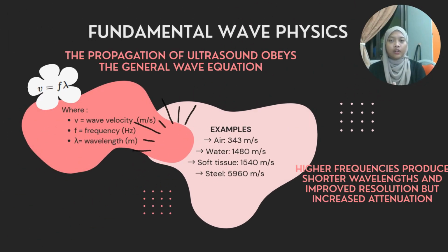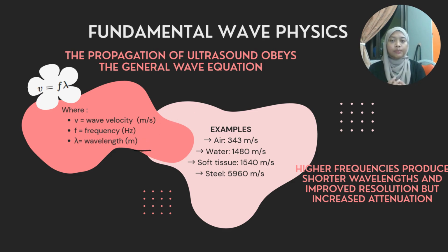The behavior of ultrasound wave is governed by the relationship between velocity, frequency, and wavelength. As frequency increases, wavelength decreases. This shorter wavelength allows ultrasound systems to detect smaller objects and produce higher resolution image. However, higher frequencies also experience greater energy loss during propagation, reducing penetration depth.